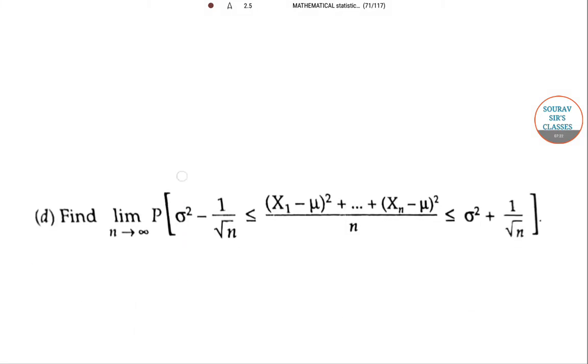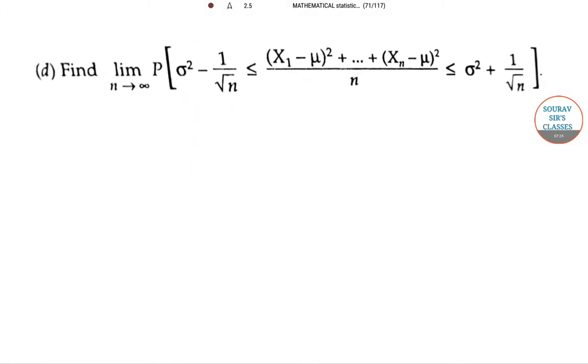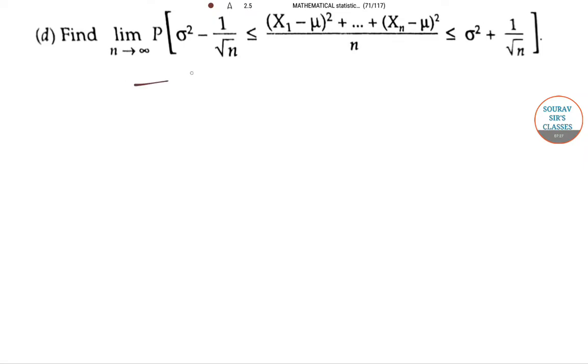Now I'll go to the next question, which is this question, that is find the limit of this. So we have to find this thing. How do we do it?